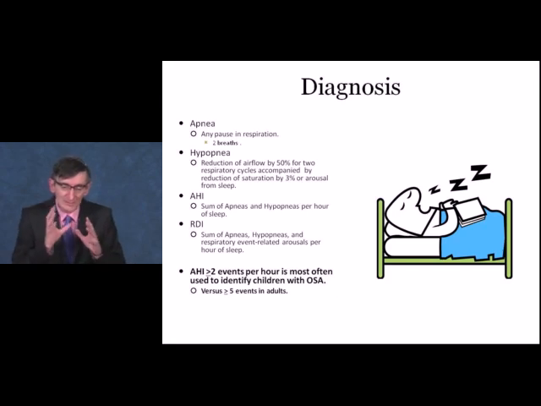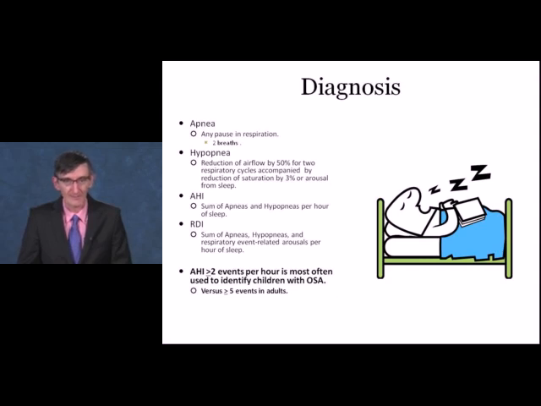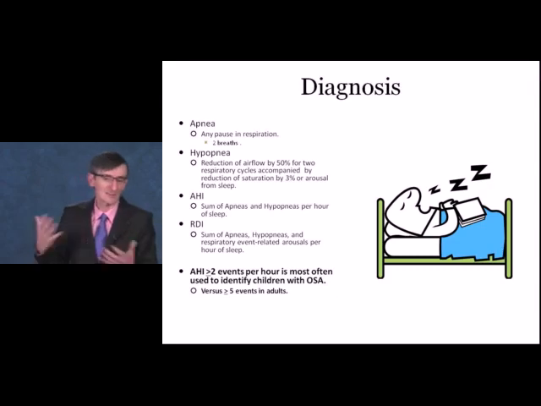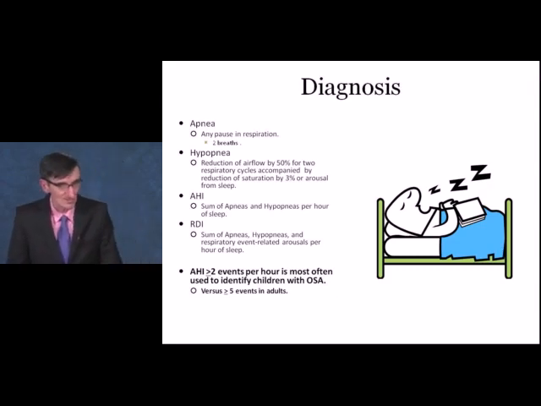Hypopnea means there's a reduction in airflow by 50% for 2 respiratory cycles, 2 breaths, accompanied by a 3% drop in O2 sat or an arousal from sleep. Now, these criteria vary every few years, but they're roughly true. And what's the index? Well, the index is the sum of both groups, so the number of apneas and hypopneas per hour.